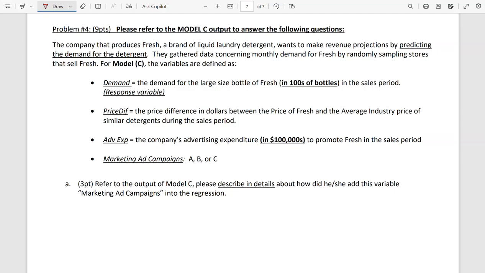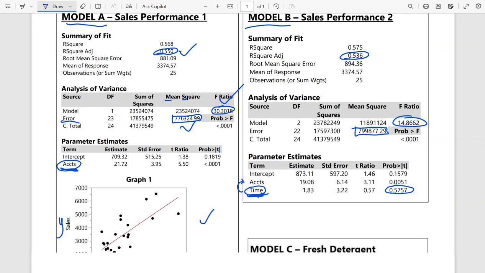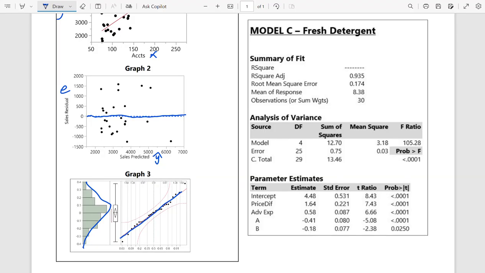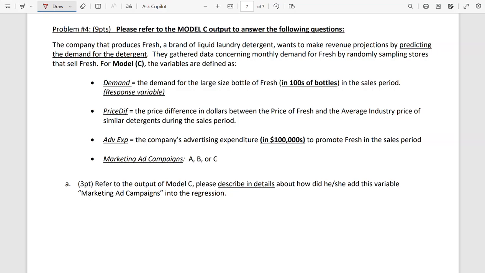The company that produces Fresh, which is a brand of liquid laundry detergent, wants to make revenue projections by predicting the demand for the detergent. They gather the data by random sampling. So let's look at model C. From model C, we have these variables defined.